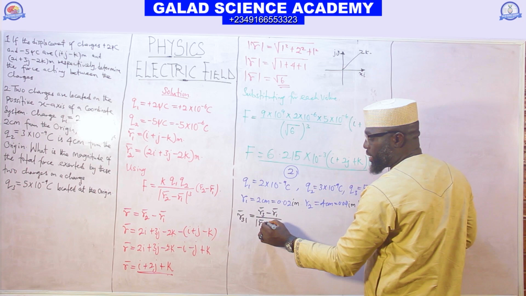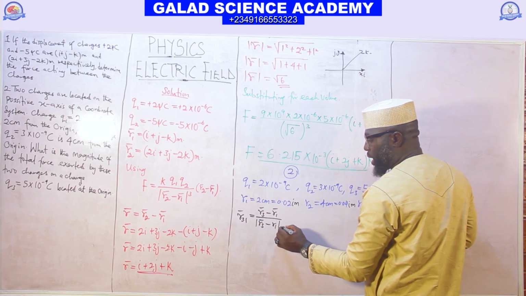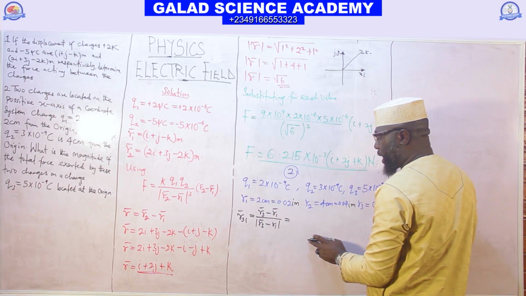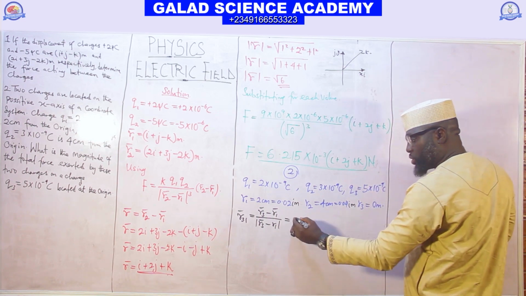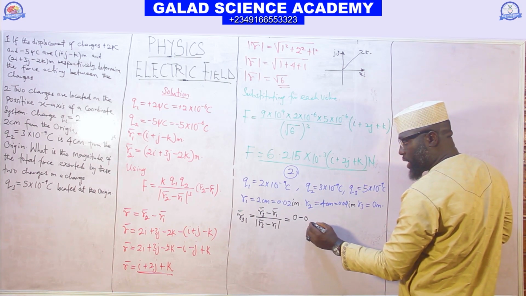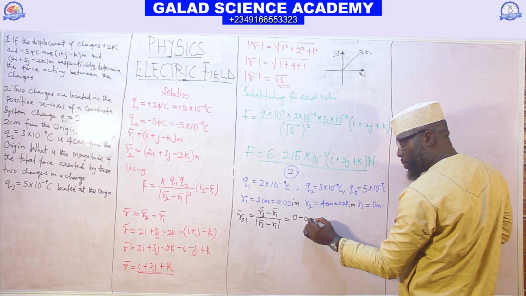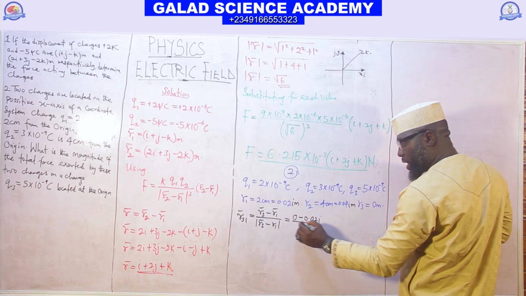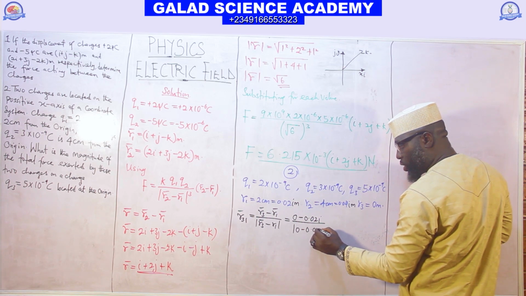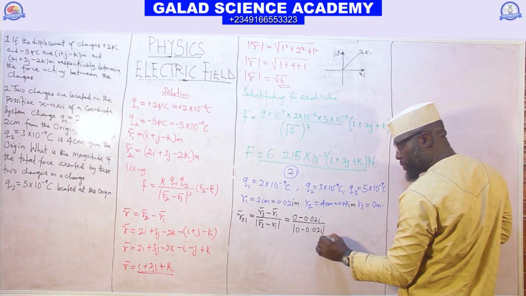Magnitude of R3 minus this R. That will be that. You now have the distance of R3, which is 0 minus 0.02i, over the magnitude of 0 minus 0.02i.